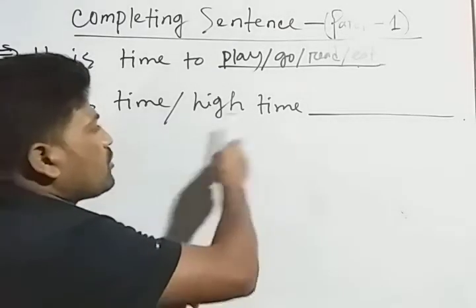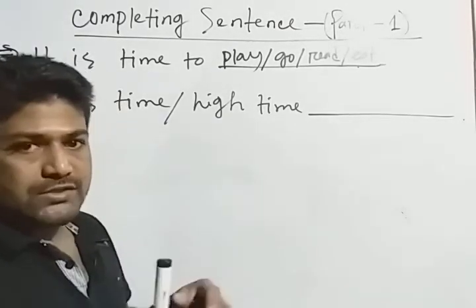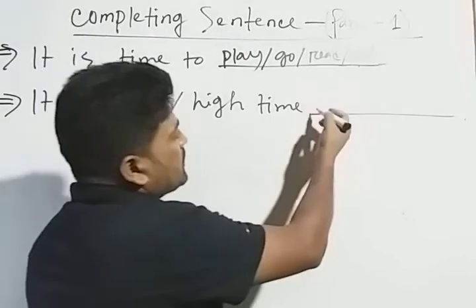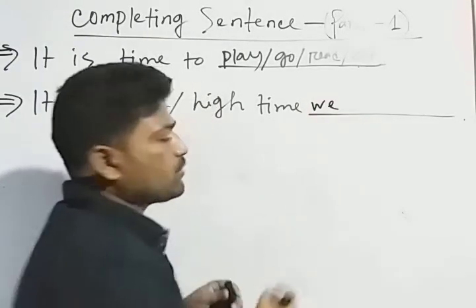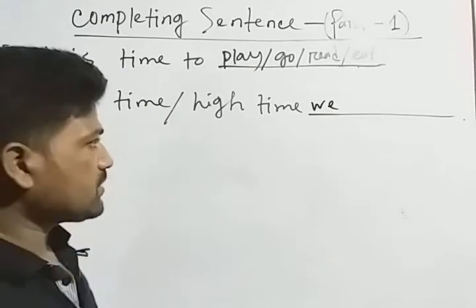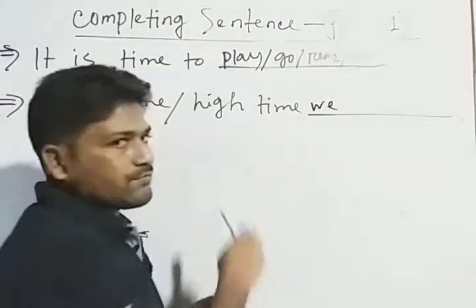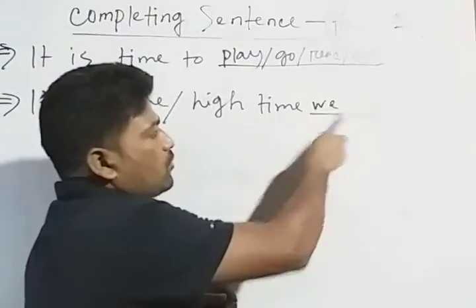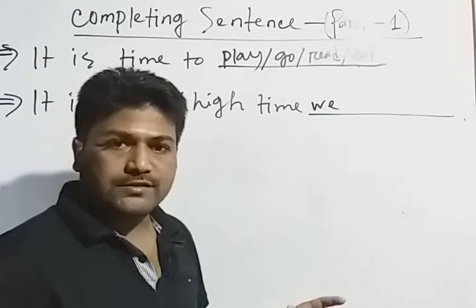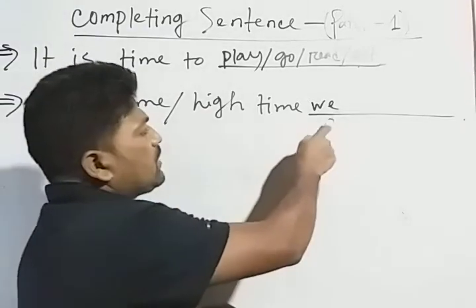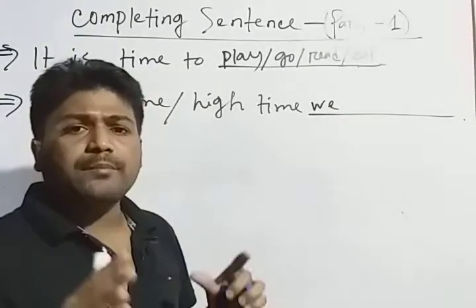To complete this kind of sentence, first we have to use a personal subject. For example, we can use here we. Okay, dear learners, after using a personal subject, we can also use any kind of verb, but the condition is that the verb always will be a past form.